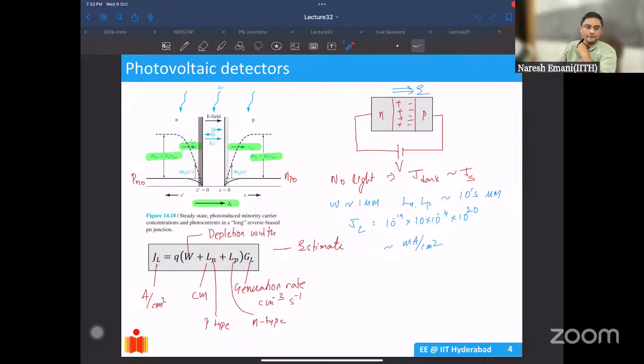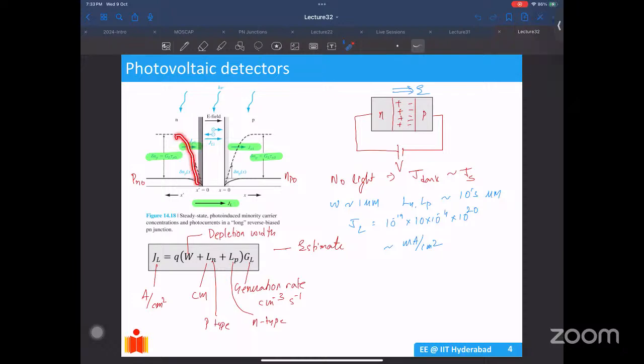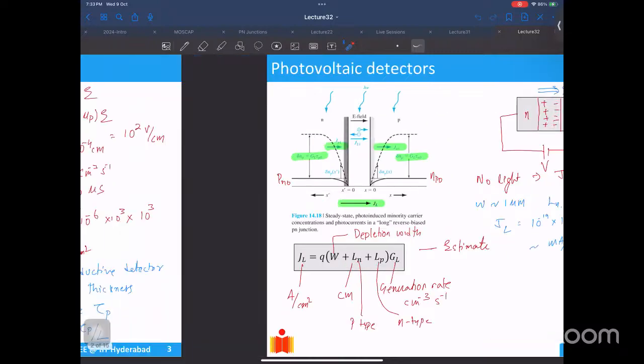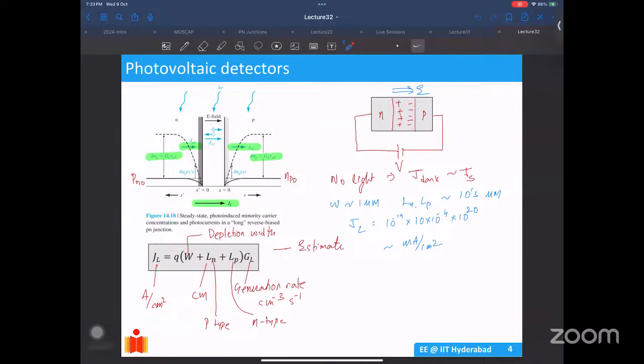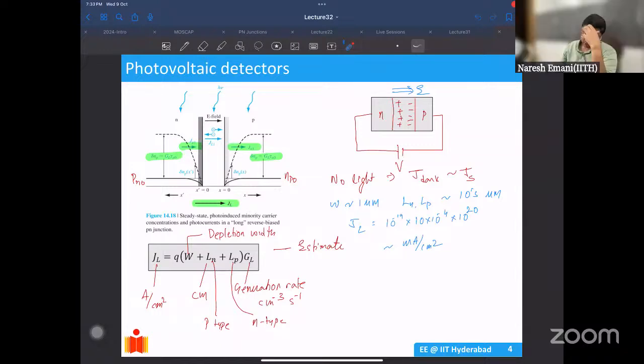But in the expression for the delta NP, how did we have GL times tau P naught? Shouldn't it be tau N naught? It should be tau N naught.